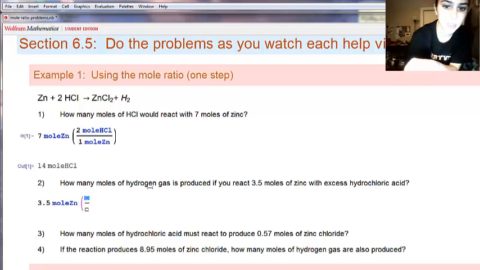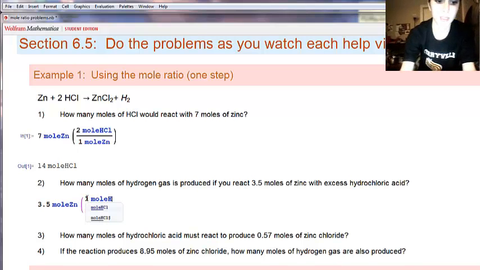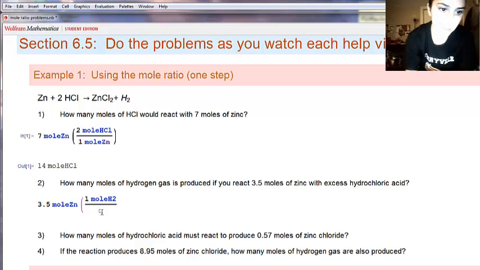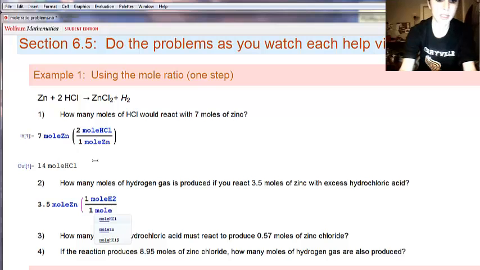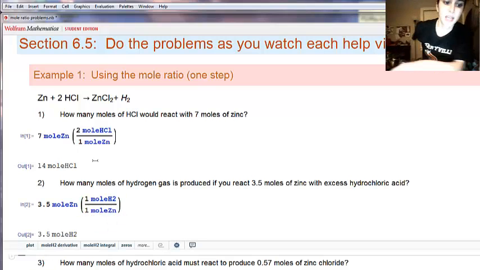And if we look, we have 1 mole of hydrogen gas to 1 mole of zinc. So this is pretty simple. 1 mole H2, again, the new units, to 1 mole zinc. Shift Enter, and we get 3.5 moles of hydrogen gas.